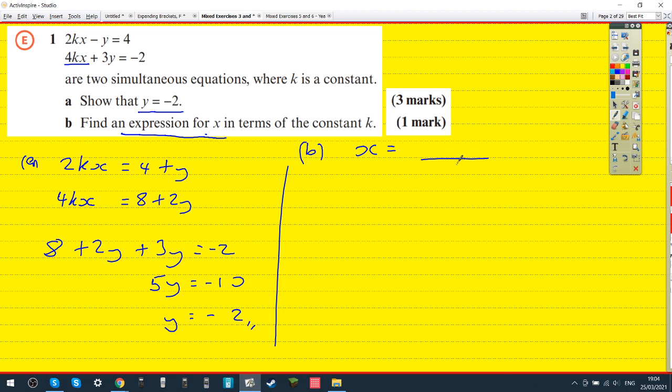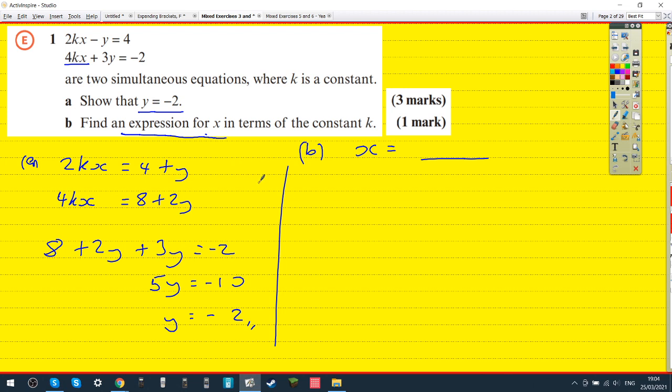So we won't know what number it is, but k will be in the answer. Okay. Should it be like x equals kx? No, no, k.